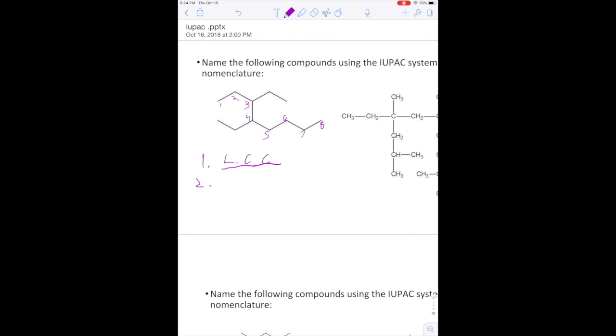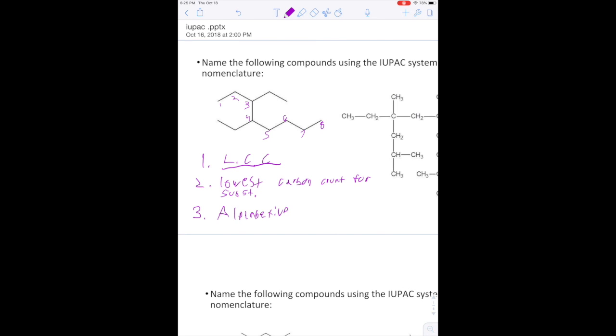And the second rule is to get the lowest carbon count for substituents. The third rule is, if you have the same carbon count for either side of the chain, then you will alphabetize them.